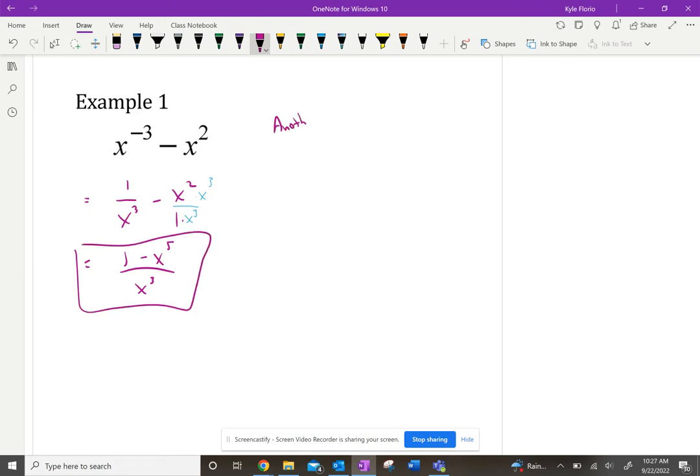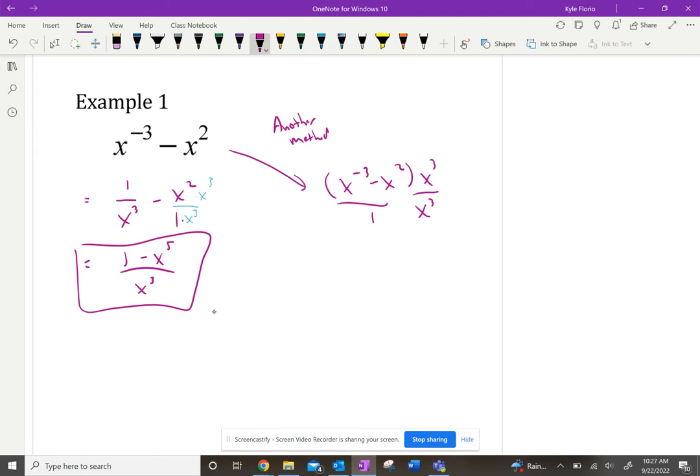Another way of doing the same thing is take this x to the negative third minus x squared, and recognizing that the x to the negative 3 is going to be the denominator, right off the bat I can just multiply the top and bottom by x cubed. Just know that this is like over 1.